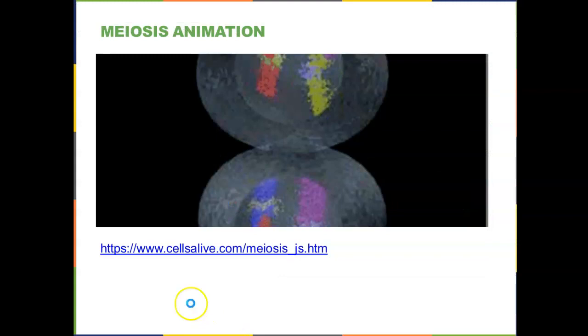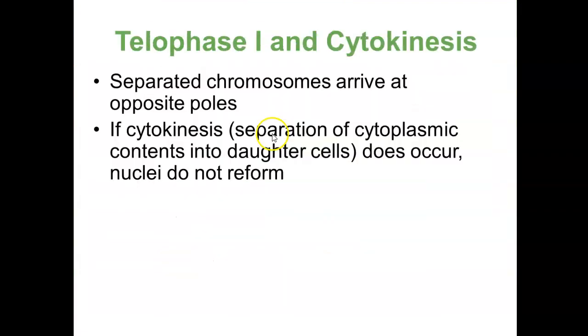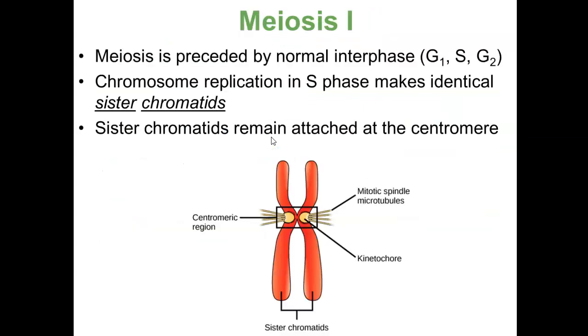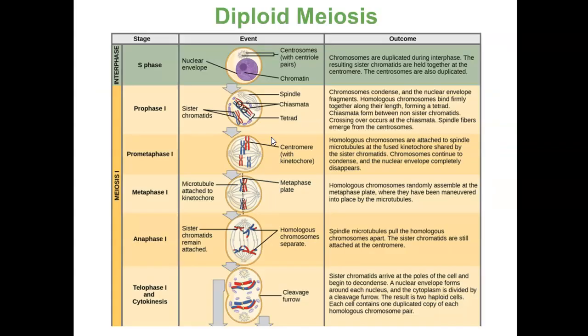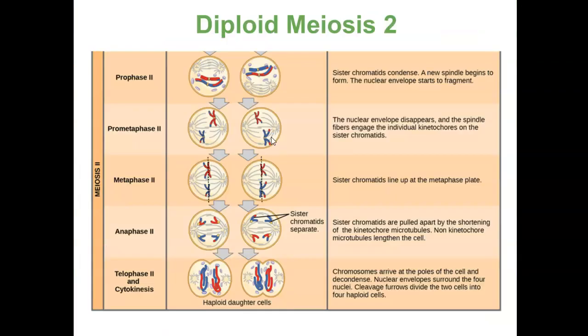All right, so let's carry on right here. So here's meiosis 2, just in schematic form. We're carrying on from this image right here. So here are our separated duplicated chromosomes, one version of chromosome 1.